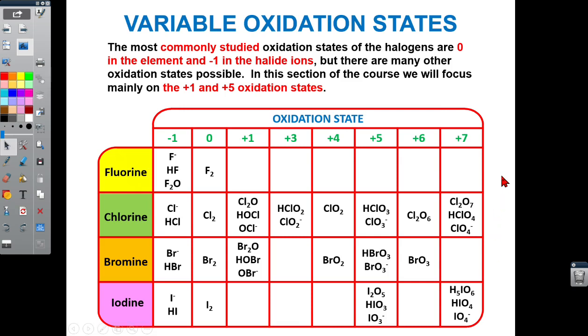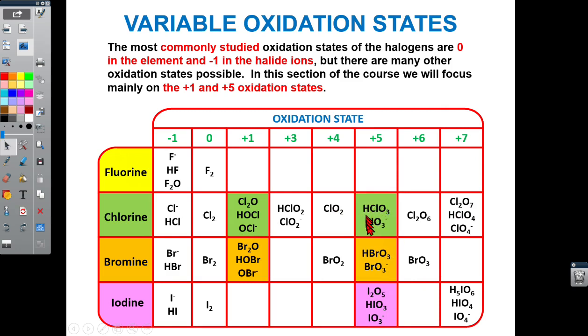However, in this section of work, we are going to focus on oxidation state +1. We find bromine and chlorine in this situation, but we're going to focus in on chlorine. And we're going to really look at HOCl or ClO minus. And we're also going to focus on oxidation state +5. And again, you can get chlorine, bromine, and iodine in this situation, but we're going to stick to chlorine.